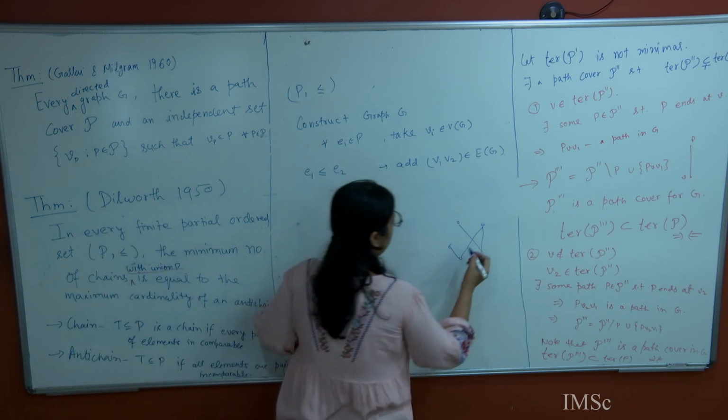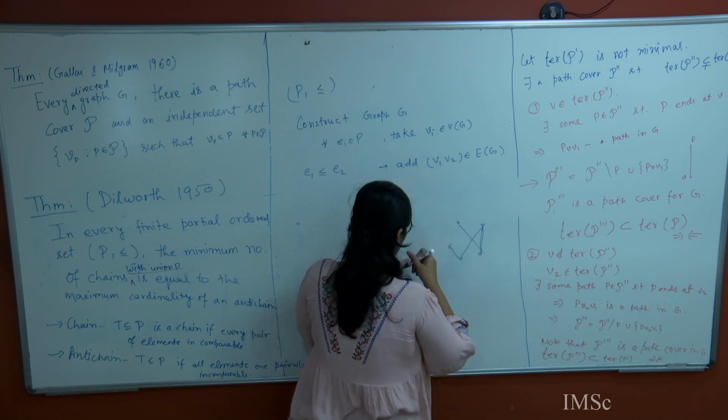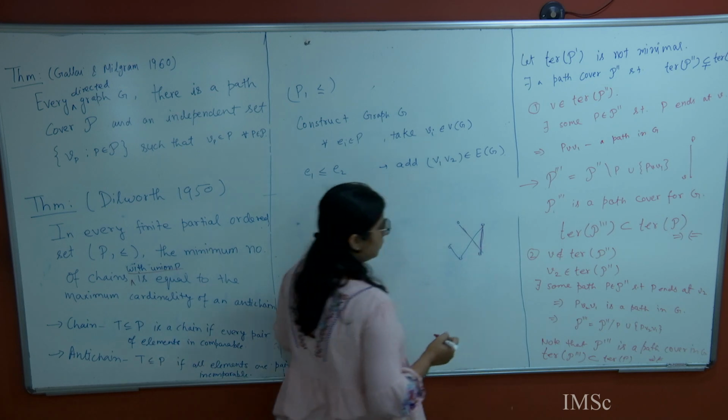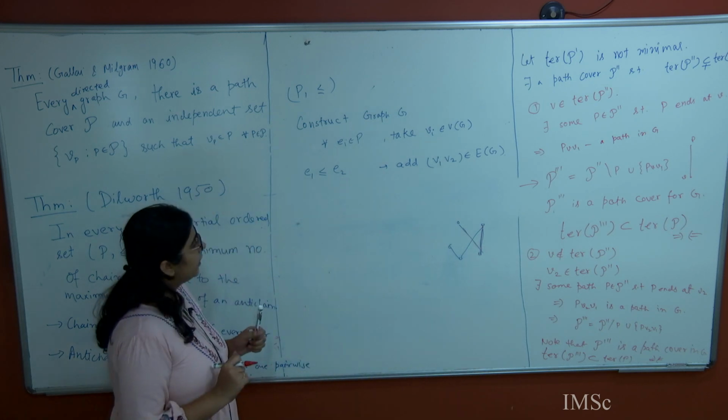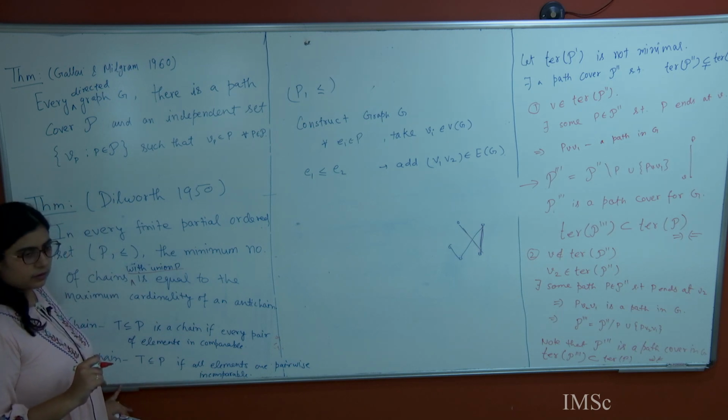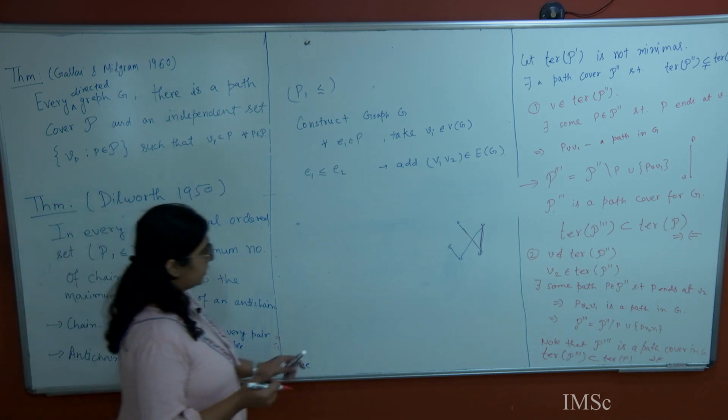So if I look at some path here, that will correspond to a chain. And what is an antichain here in G? An independent set.